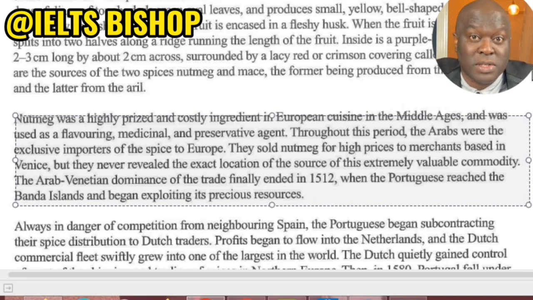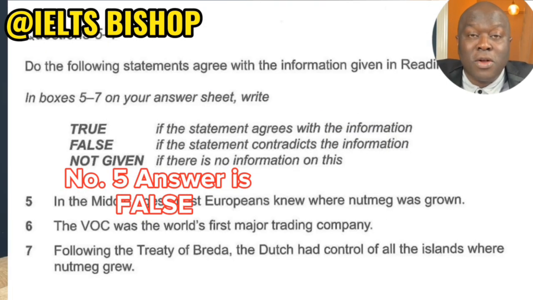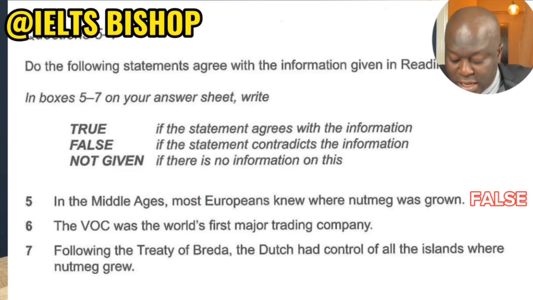It is false. So the color was mentioned, but this time around, it is not black. It is yellow. So we say it is false. We'll pick the answer to number 5 as false.